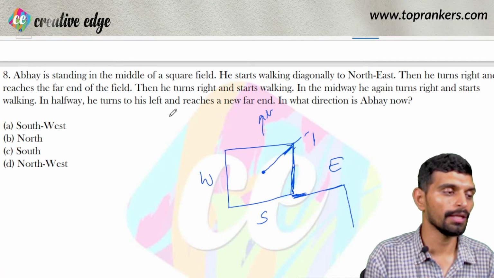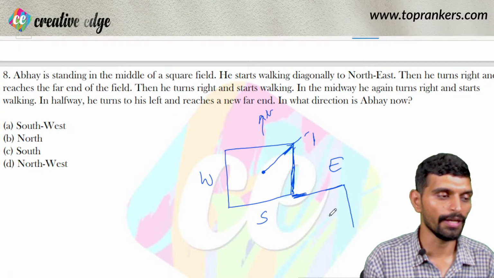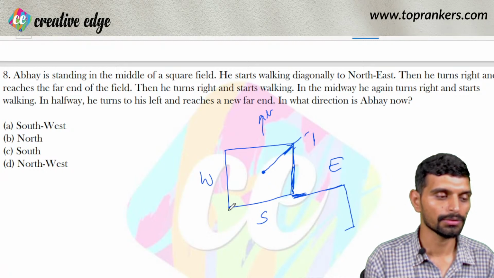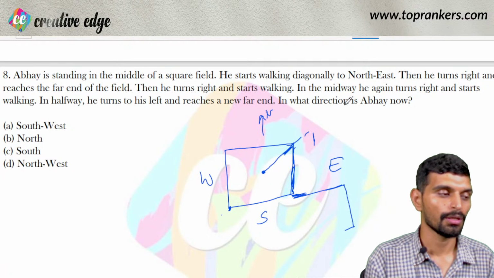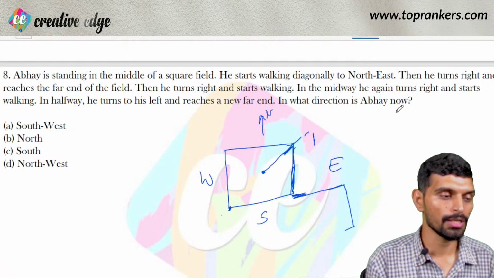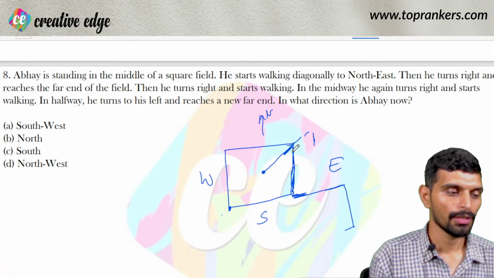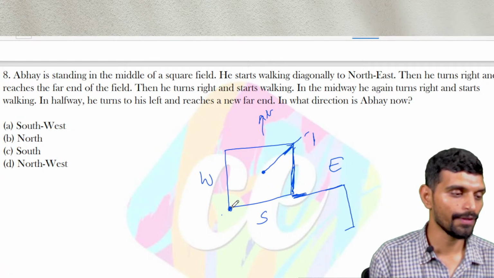And he then turns to his left and reaches a new far end. So he'll reach towards this west point. So in which direction is Abhay now? He must be in southwest.